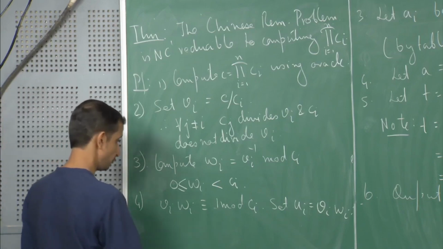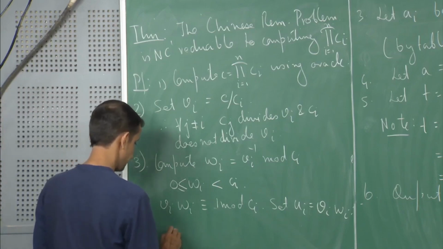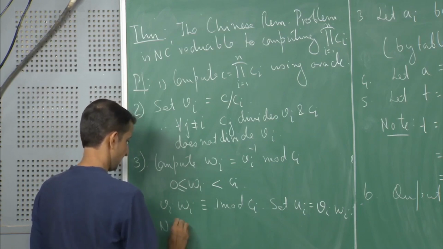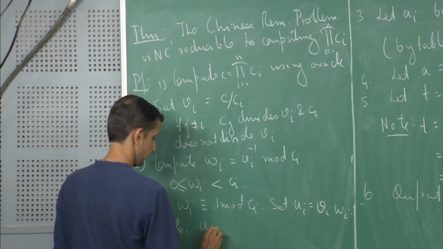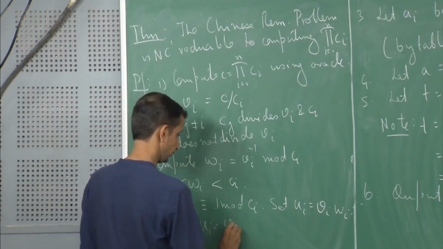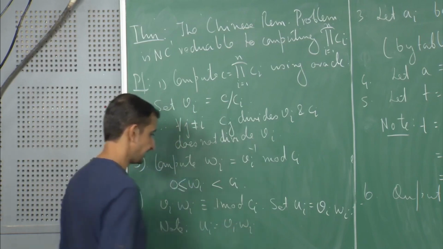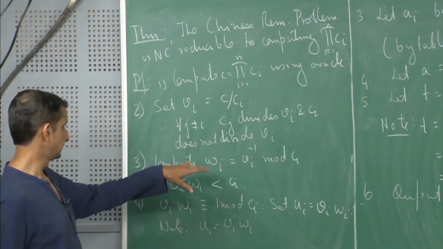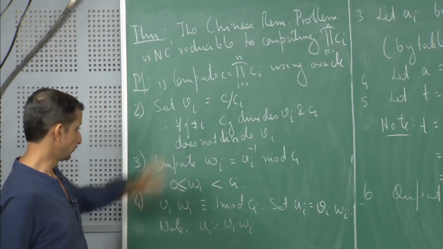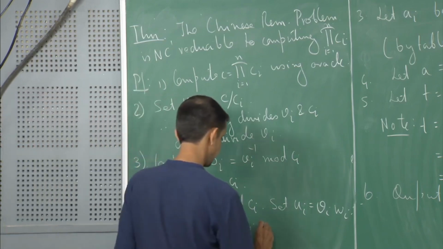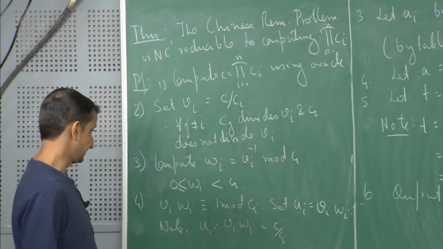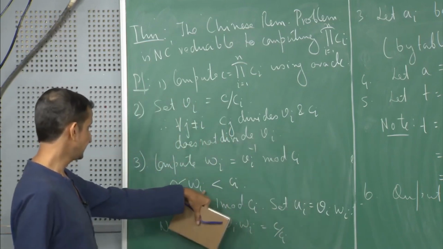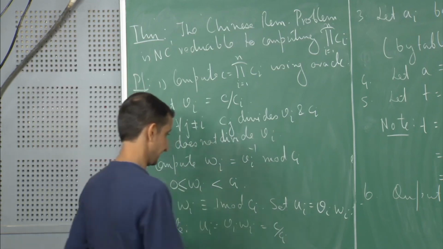Okay, so what is the bound on ui? So note that ui, which is equal to Vi Wi, so Vi is nothing but C by Ci, okay, and Wi is at most Ci.